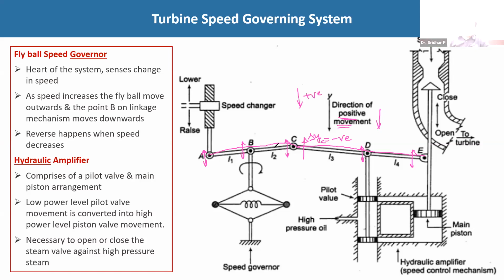If B is moved in the downward direction, then the incremental movement yB is negative. Generally I represent the displacement by Y. We are habituated to representing it by X, but in this case I am taking Y as the displacement of A, B, C, D or E. So this is about the linkage mechanism.